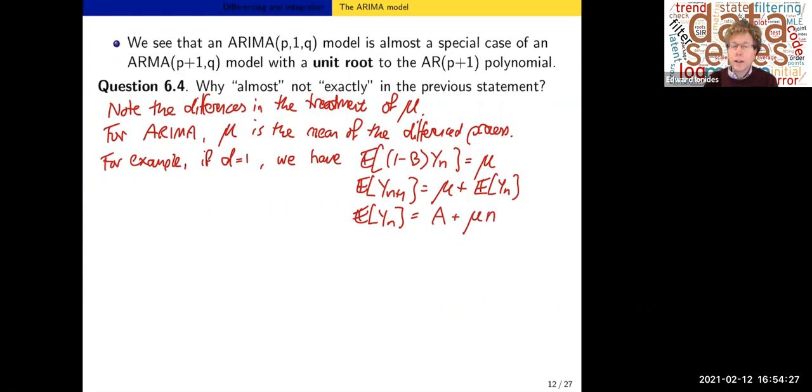So the mu in an ARIMA with d equal to 1 corresponds to a linear trend.